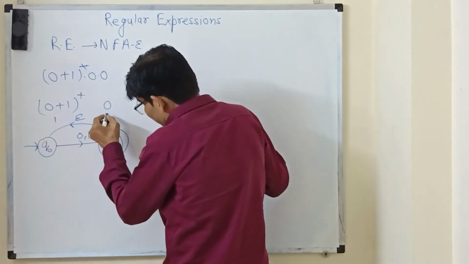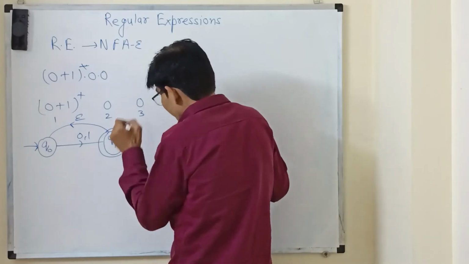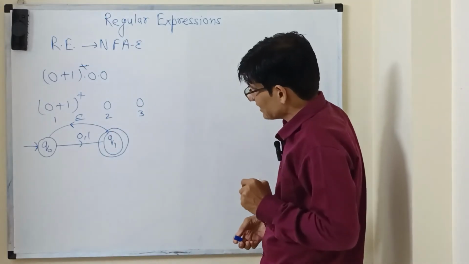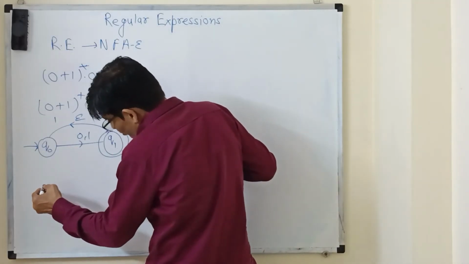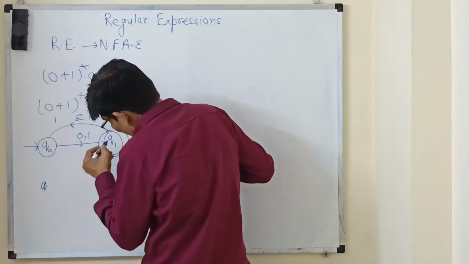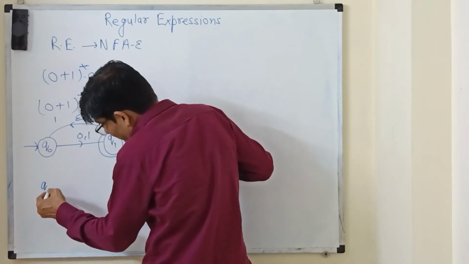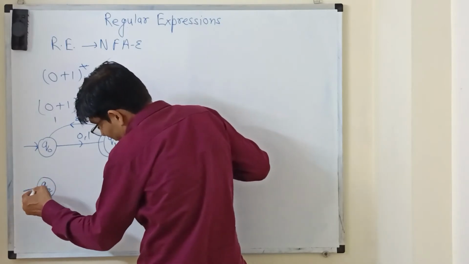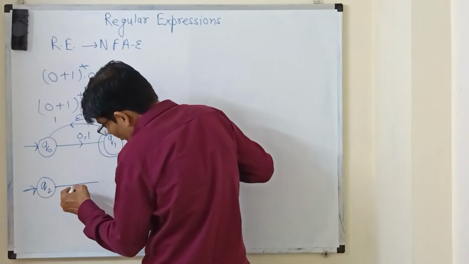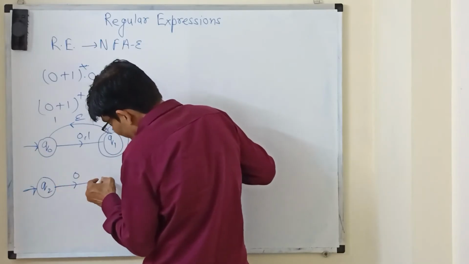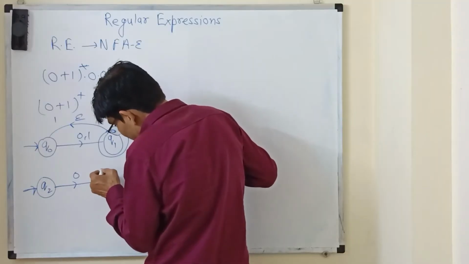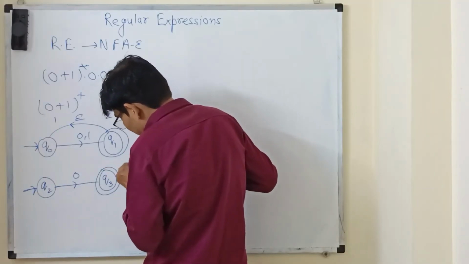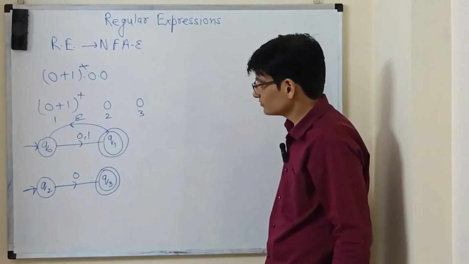So this is the first part, this is the second part, and this is the third part. Now our second part is a single 0. To accept a single 0, we create one more machine where Q2 is the initial state, and we have only one transition on 0 to reach Q3, and this Q3 would be the final state for this particular part.